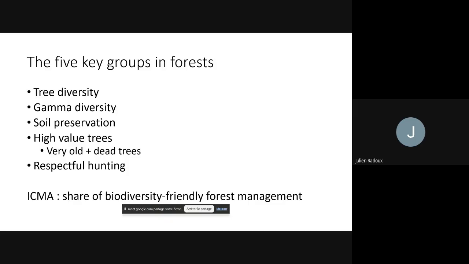Unfortunately, I would say for the ICMA, so the nature bonds, they're only looking at the share of biodiversity-friendly forest management, but we need all the above in order to define what is the part of the forest that is biodiversity-friendly forest management, where we achieve that, and what is the level also needs to be determined, because usually forest is more biodiversity-friendly than arable land in terms of management, but there are different levels of this biodiversity friendliness.